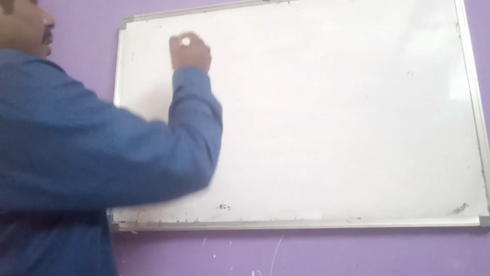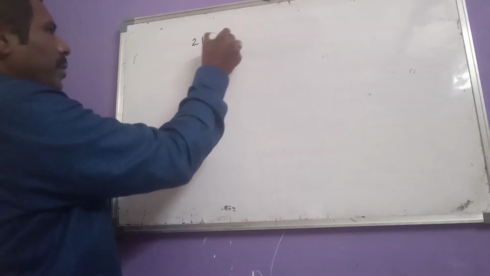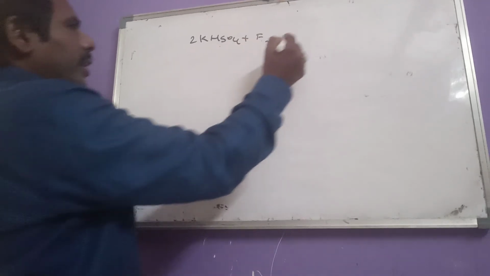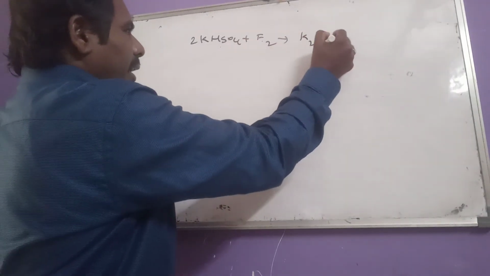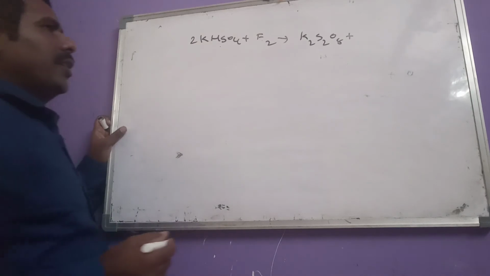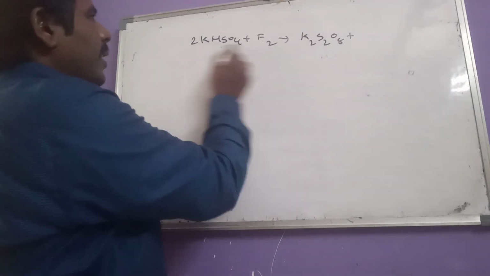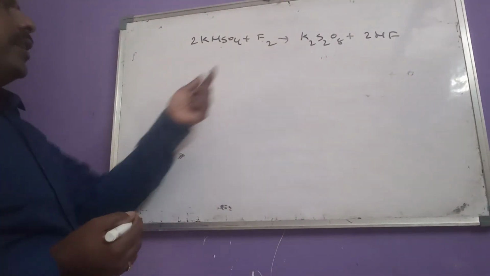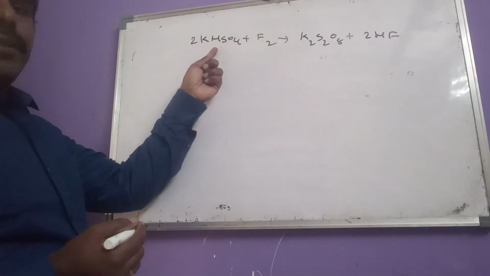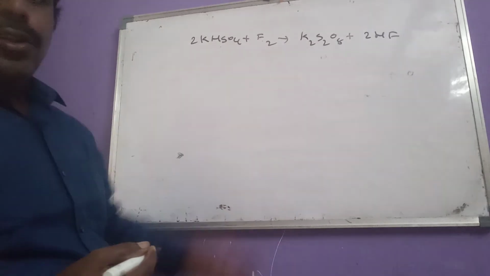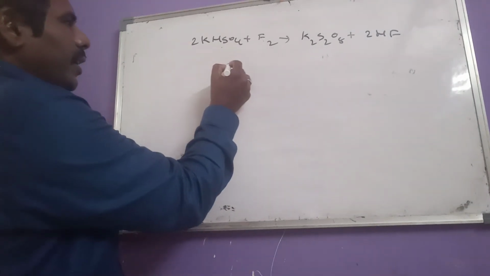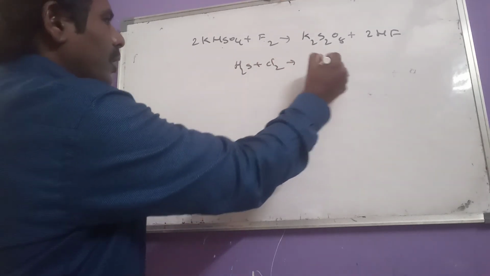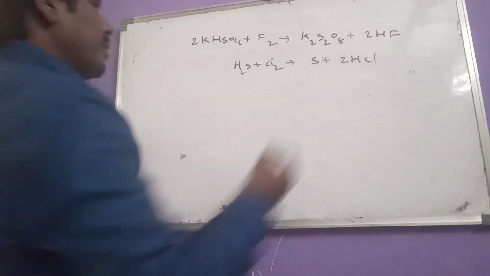If you consider potassium hydrogen sulfate, it is oxidized by fluorine to give K2S2O8, and hydrogen plus fluorine gives 2HF. Similarly, H2S when treated with Cl2 gives sulfur plus 2HCl.